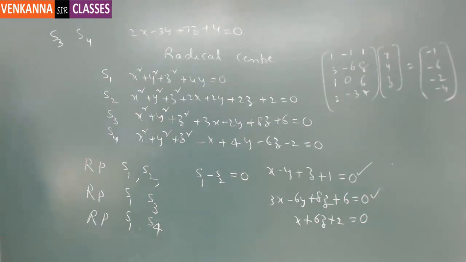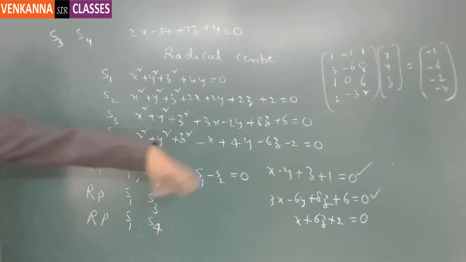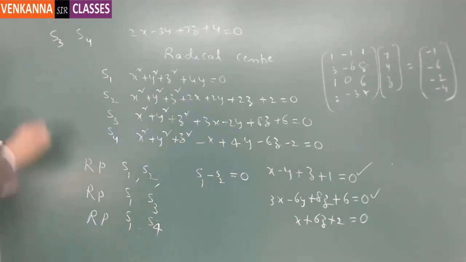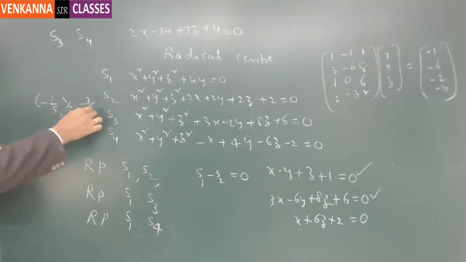If you have written them in matrix form, by solving that you will get the x, y, z values. Or you can simply separate the equations from one another. You can reduce the variables and you will get the final point as minus 1 by 5, 1 by 2 and minus 3 by 10. It is just simply solving the equations. Nothing else is there.